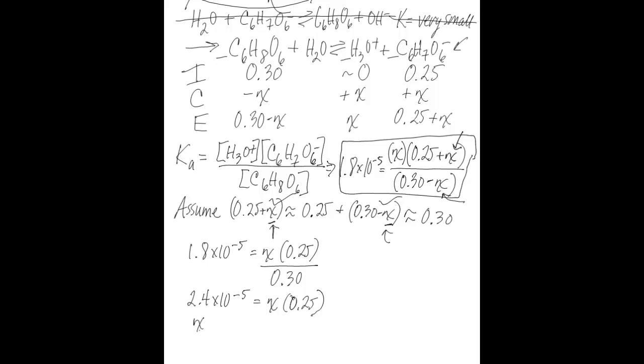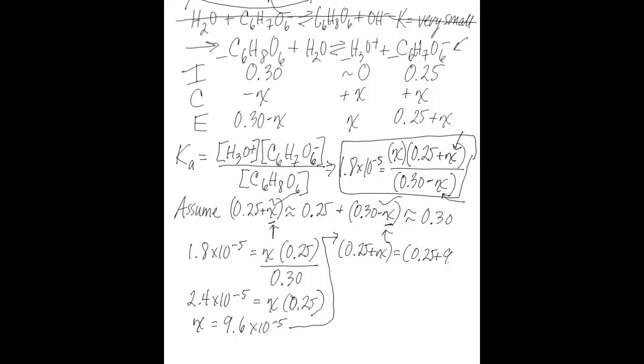Then divide both sides by 0.25, and you'll get X being equal to 9.6 times 10 to the negative 5. So now we've solved for X and we can substitute it back in to these two expressions to see if it makes a difference, if it will change the 0.25 and the 0.3.